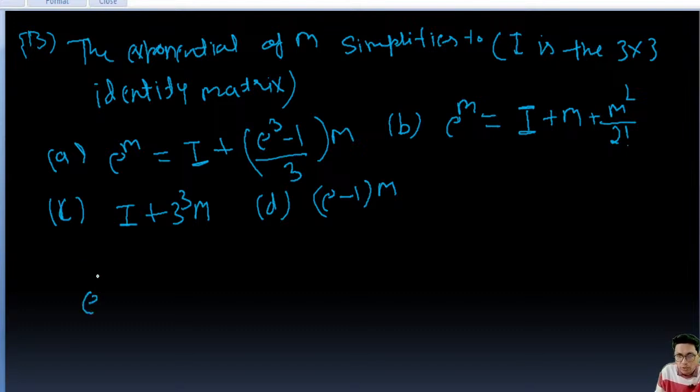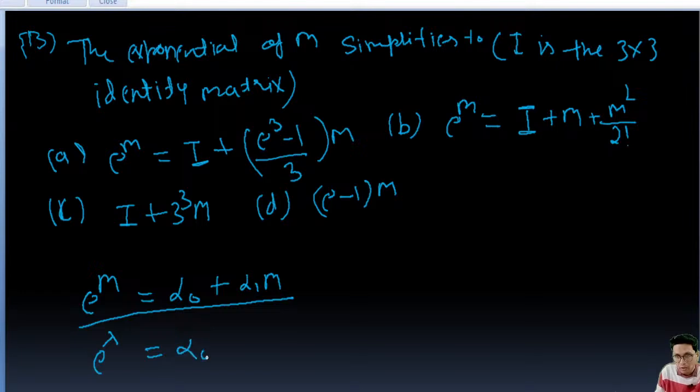What we are going to do is write e to the power m as alpha 0 plus alpha 1 m. And for solving this, we'll write e to the power lambda, where lambda is the eigenvalue, equal to alpha naught plus alpha 1 lambda.